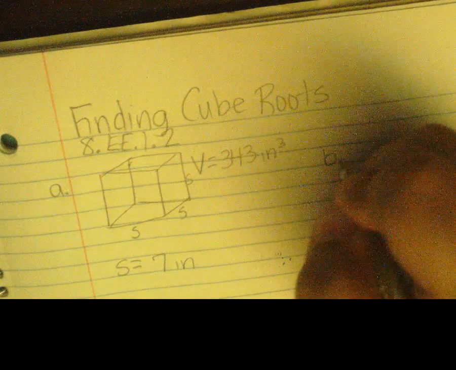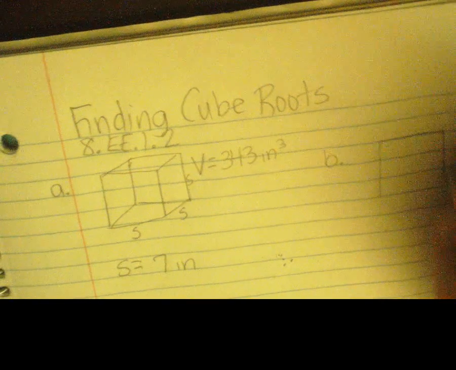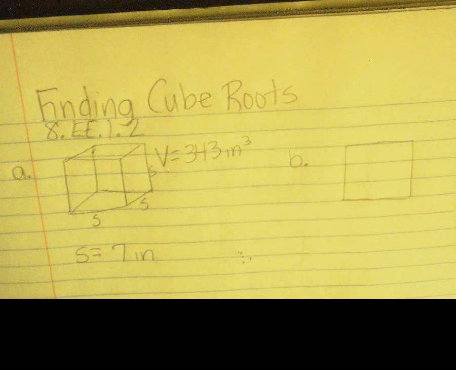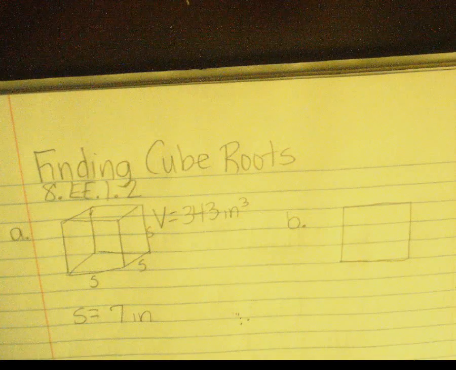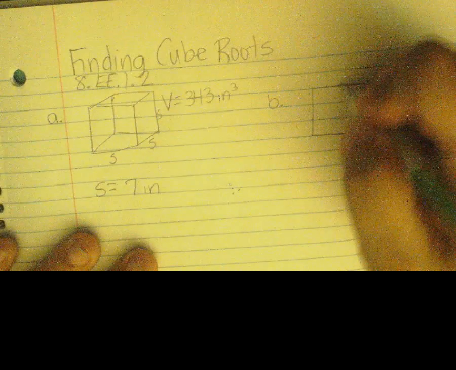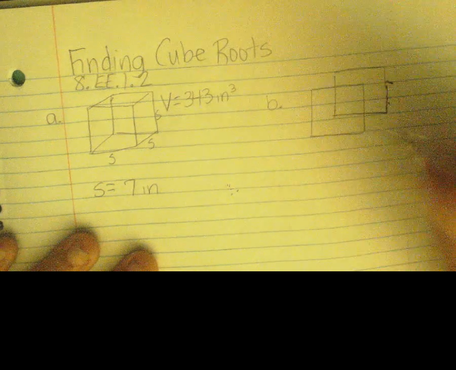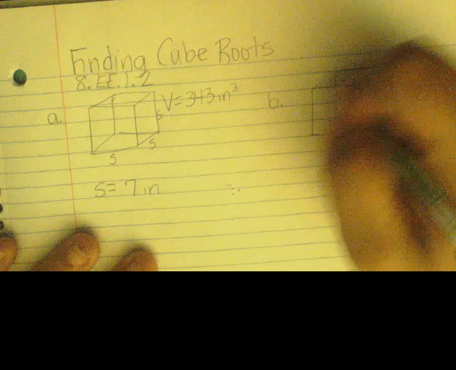Let's try letter B. Draw it again. Draw a square. Oh, this one did not work that way. Sorry, guys. It likes to dance on me. So, move it down a little bit so you guys can see a little better. I'm going to draw another square right here. Connect the sides.